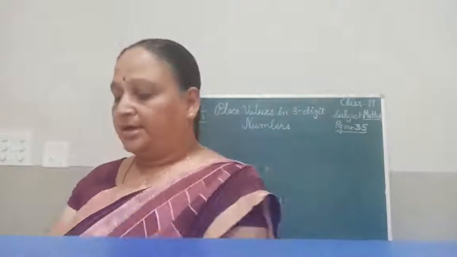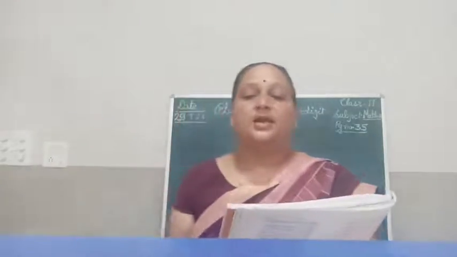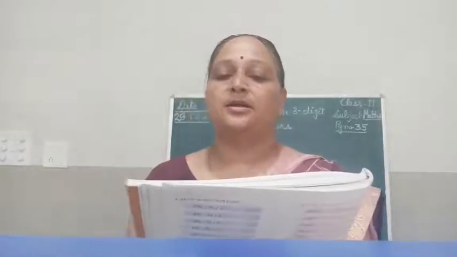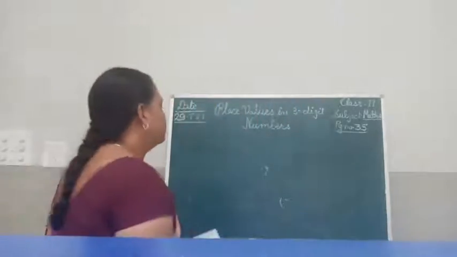Now page number 35. Place value in 3-digit numbers. The position of a digit in a number gives it a place value.